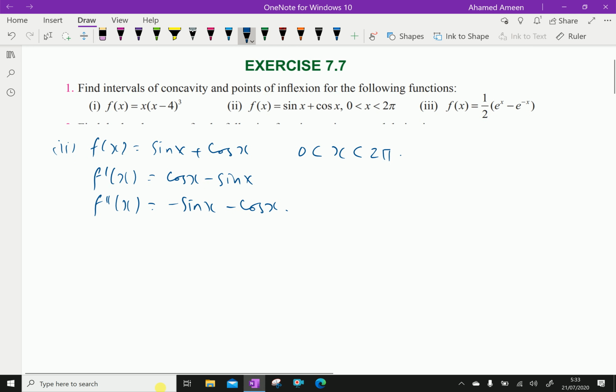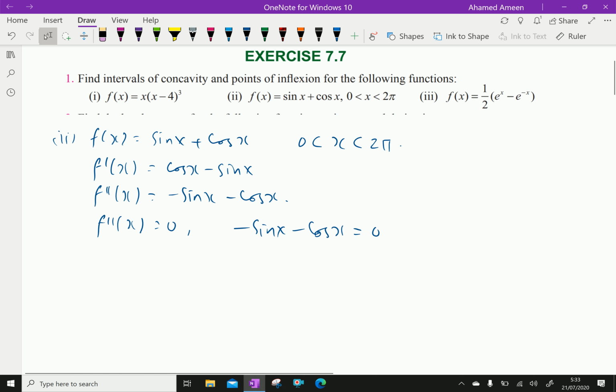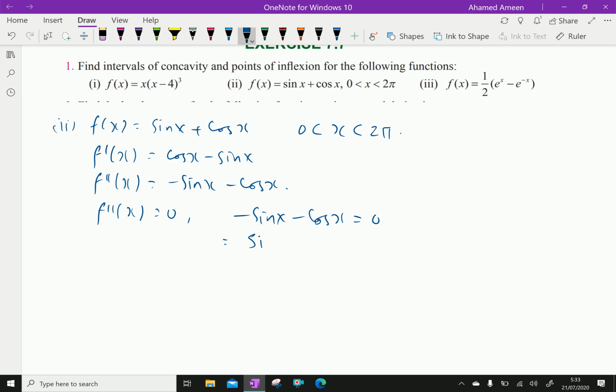Then we have to equate f 2 dash of x to 0. Then we get minus sin x minus cos x equals 0. Here we can put minus sin x is sin of minus x equal cos x.